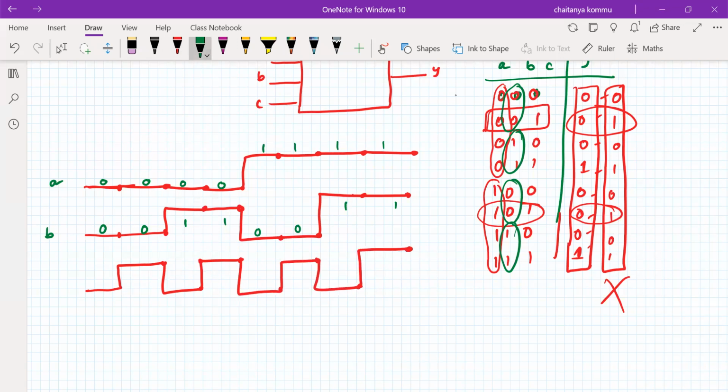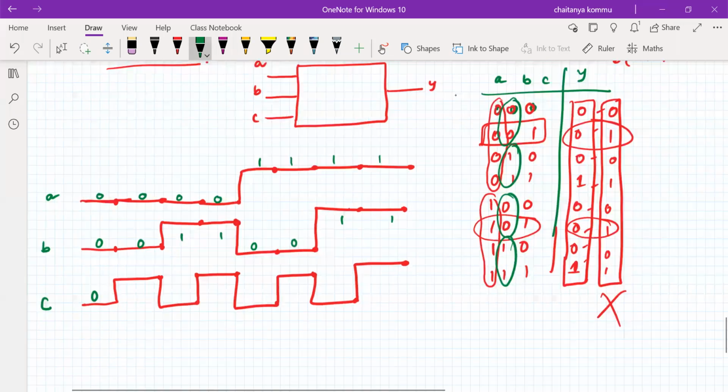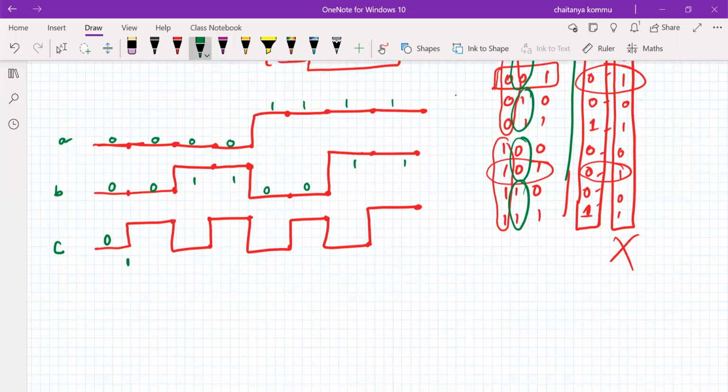So these are the advisable waveforms that we have to give to this circuit in order to verify its functionality. That means time-dependent waveforms that we are giving to the circuit. For example, up to 1 nanosecond I am giving 0, 0, 0. At 2 nanoseconds, for example, I'll give 0, 0, 1.